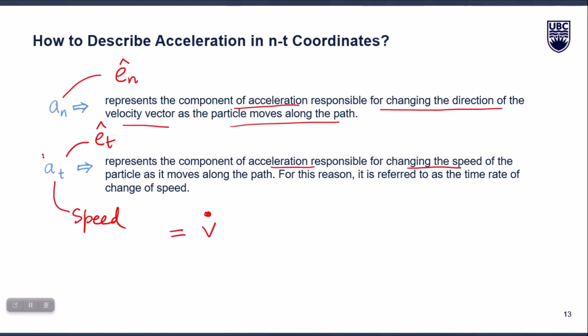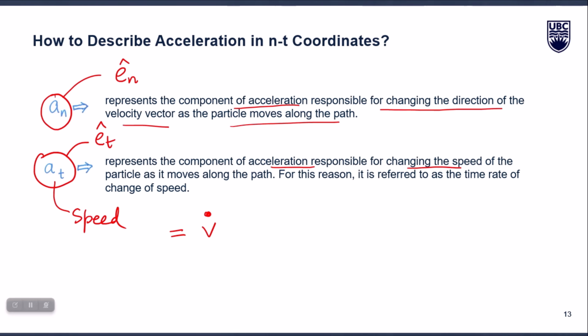But the effect of change in direction of velocity is captured by a sub n. So you can also describe both components in these terms: when the particle is moving from a to a prime, velocity is changing from v to v prime, right? But velocity can change in two ways.